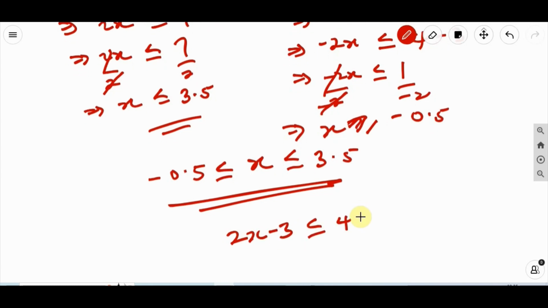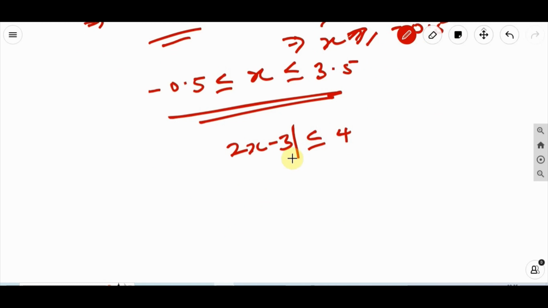I'm going to take the right hand side as negative. Remember that whenever you're taking the right hand side as negative, this sign is going to change. It's less than or equal to here, so you're going to change to greater than or equal to. So this is going to be 2x minus 3 greater than or equal to minus 4. So this 4 is going to take a negative sign.